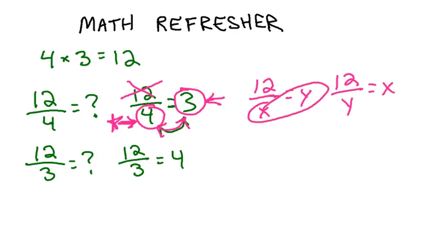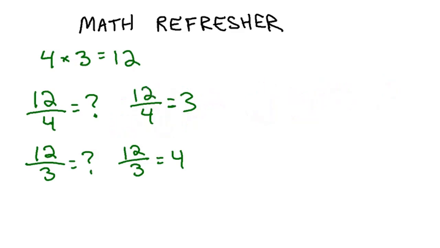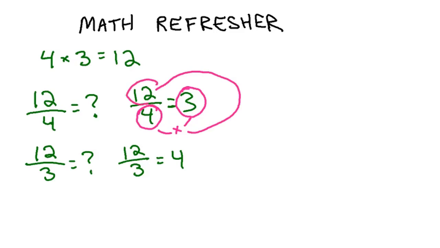They're interchangeable. And that also means that if you take the bottom number of the division bar and the number on the other side of the equals, if you multiply those two together, you're going to end up getting whatever number is on the top of the division bar.